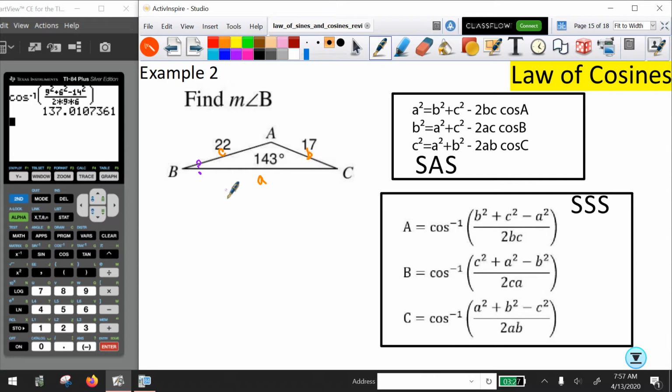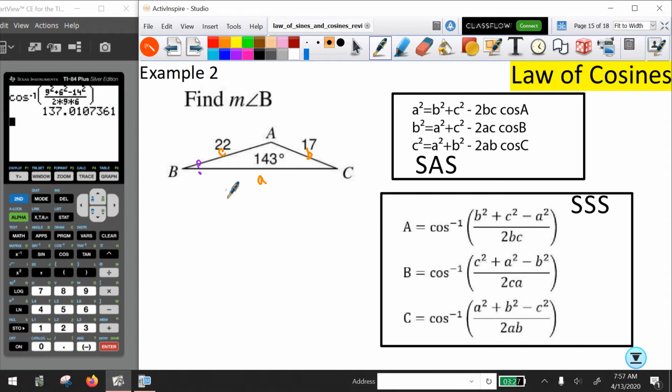Okay, so in order to determine the measurement of angle B, do we have a known angle side pair? No, we do not.